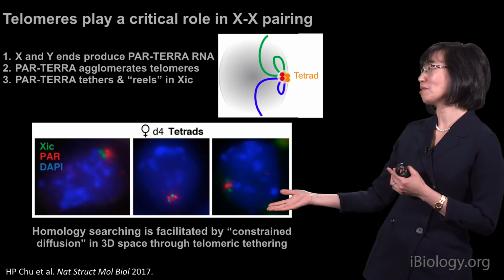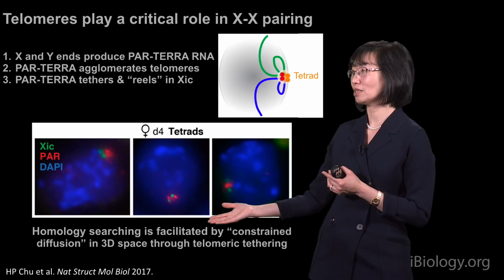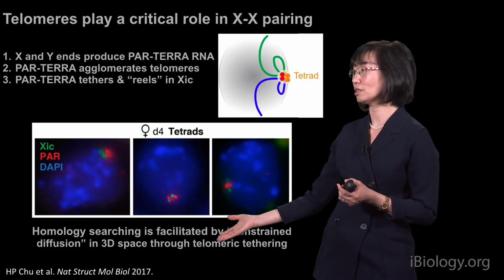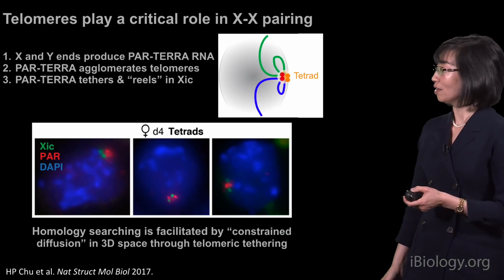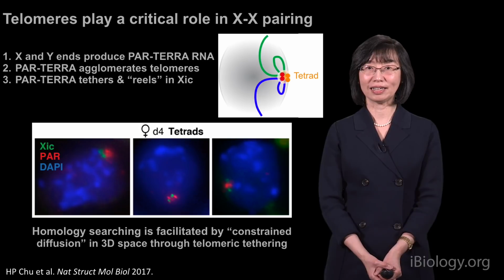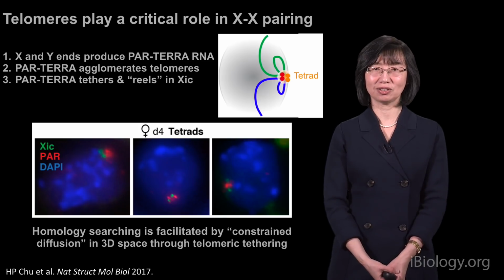And so this tethering mechanism facilitates this homology searching process through what we call constrained diffusion in three-dimensional space. So that concludes the second lecture, and we will talk about the initiation and spreading of X inactivation in lecture 3.